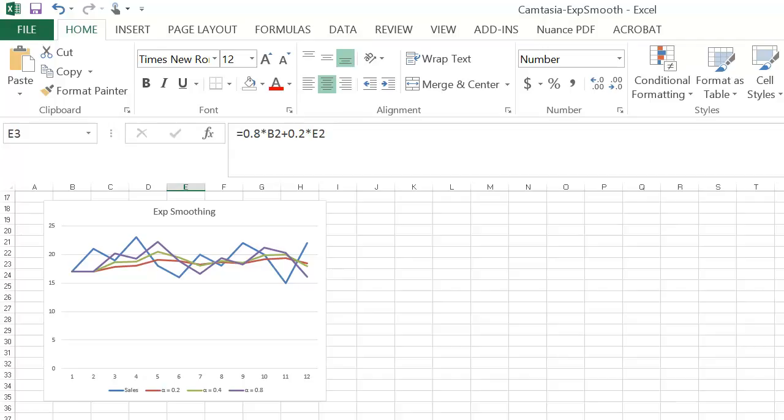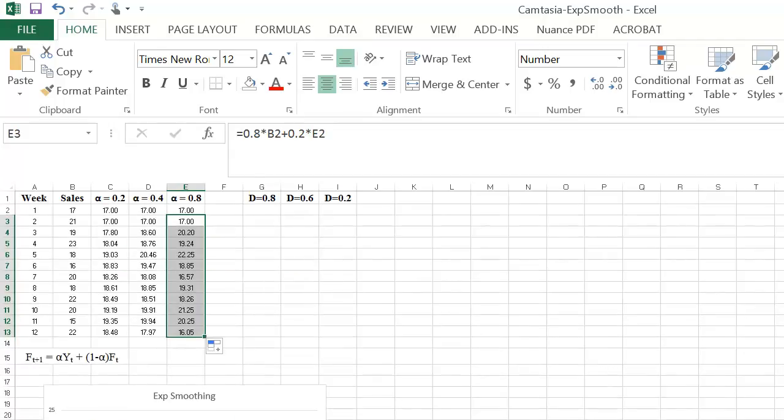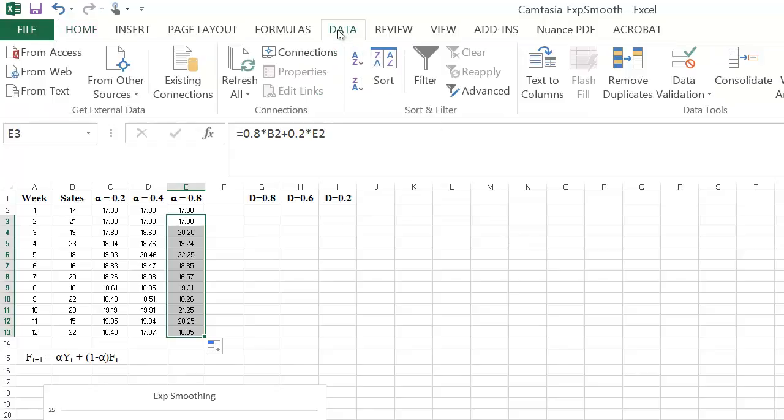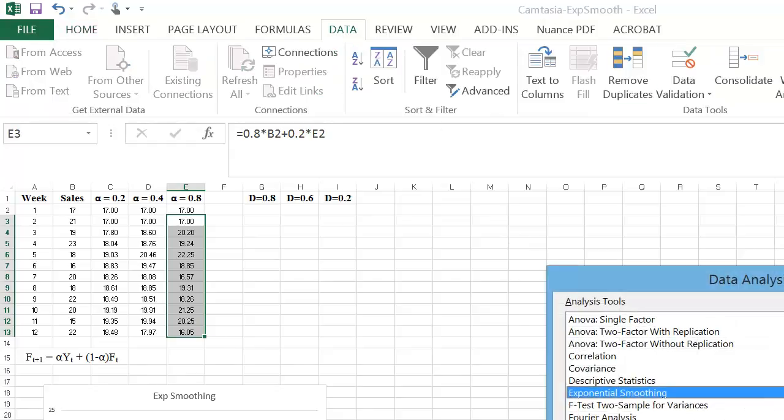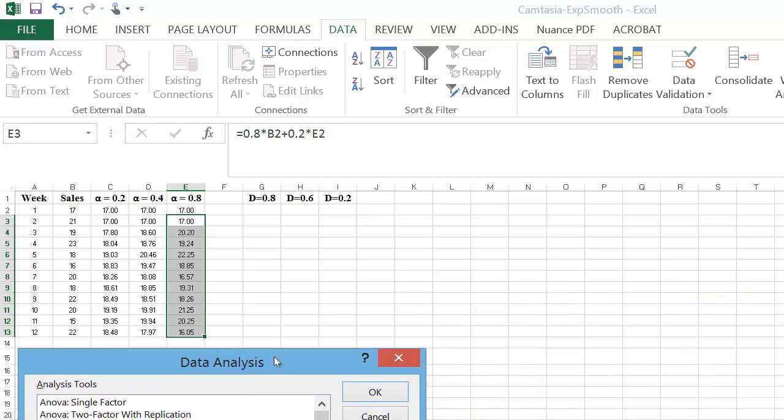Okay, and in fact, this is what Excel does. This is the little idiosyncrasy in Excel you'll have to deal with. So let me reproduce these 3 columns again using the built-in functions in Excel. I would go to data analysis, and I would pick exponential smoothing.